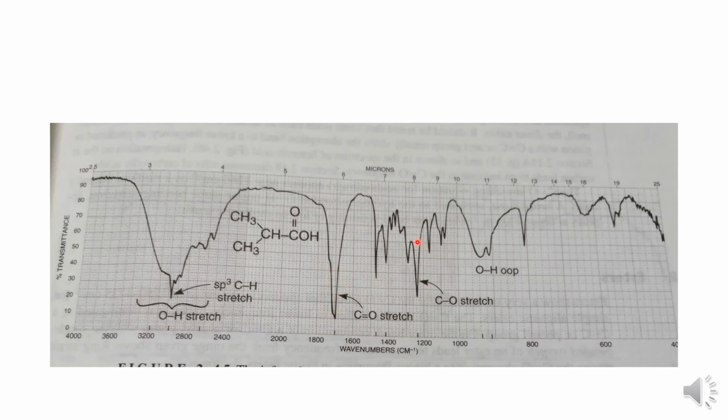Another important band in the case of carboxylic acid is due to the CO stretch, which occurs in the region 1300 to 1100 per centimeter. These are the important frequencies: the CO stretch, the OH broad band, and this small sp3 CH stretch. These are the four important frequencies of a carboxylic acid IR spectrum.